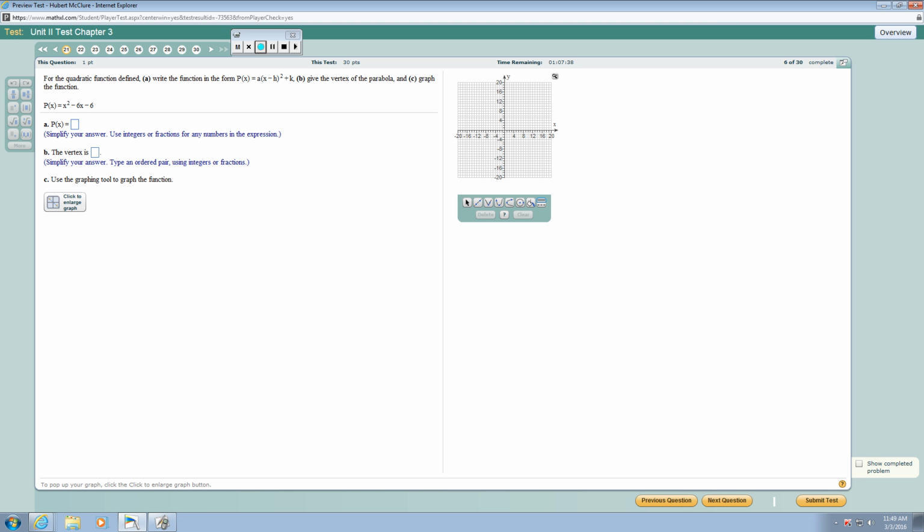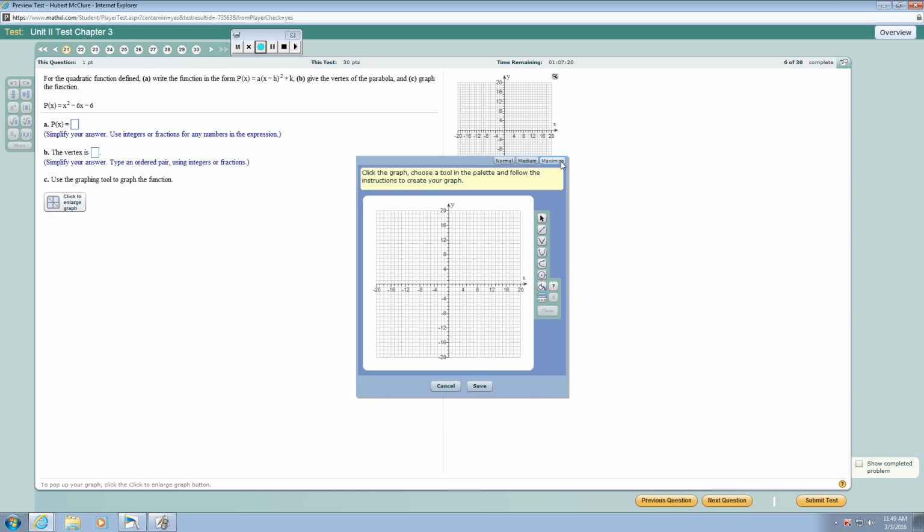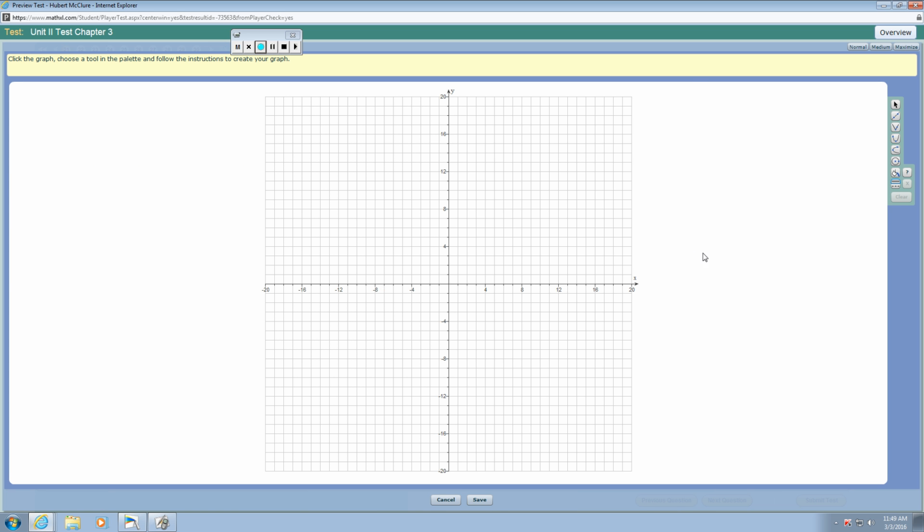Now, take our handy dandy blue marker, and I'm going to mark, let's see, 0, negative 6. It's going to be right in there. Blow it up a little bit. And one more time. 0, negative 6 is right there. 3 and negative 15, same old, right there.